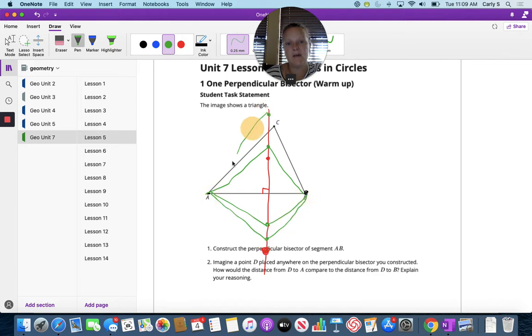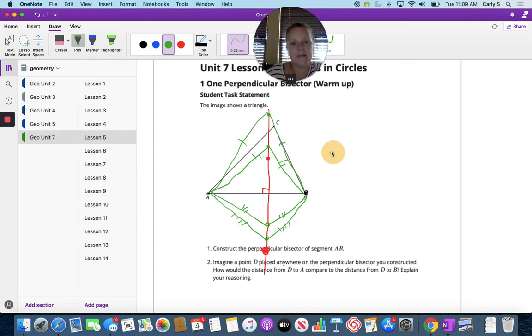These little green lines I'm drawing are all equidistant from A and B. I could put tick marks, double tick marks, triple tick marks, etc. We learned that a while ago.